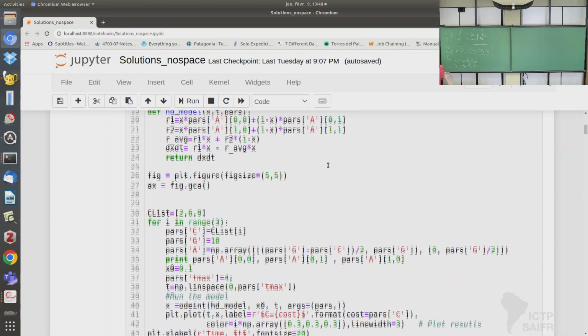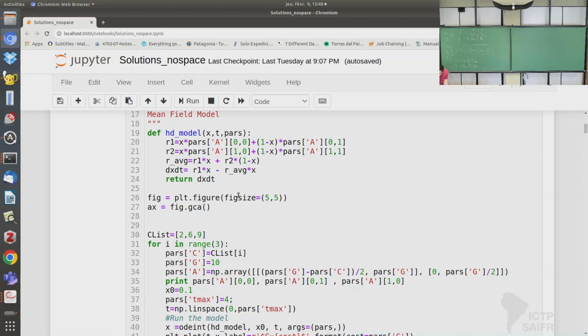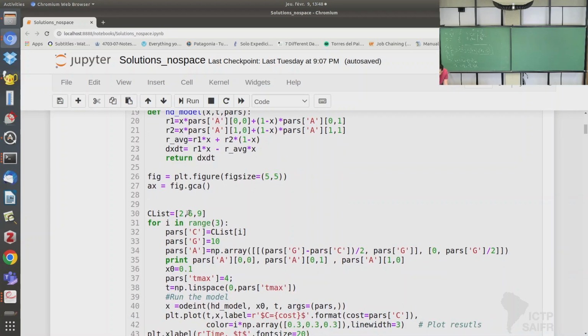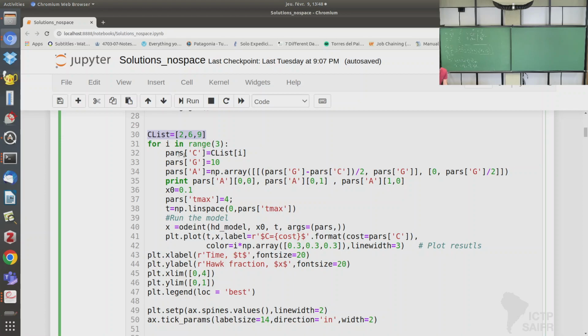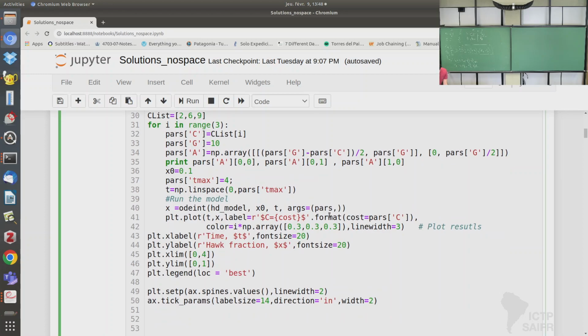Then you create a list of the different C's that you need to cycle on, because the problem is asking you to try three different C's. So one possible way to do it is to write a list of the parameters that you need to try, and then you cycle over it. And you redefine the entry of the matrix based on the new parameters for each of the C's, and then you integrate these passing.